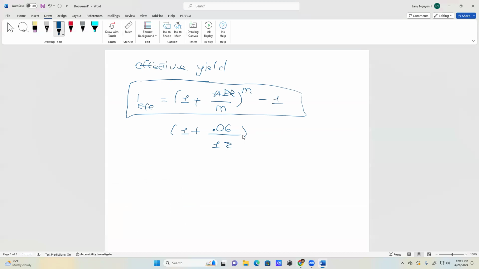And then you see that it's also referring to the same thing, so you raise it to the same number you wrote down there. And then you subtract 1, and that you're going to have effective yield. This is going to be the interest rate you're going to find.